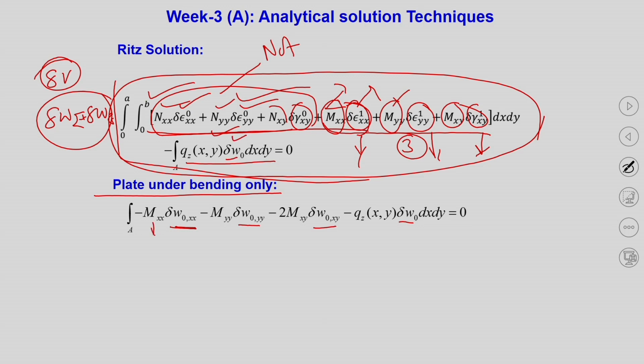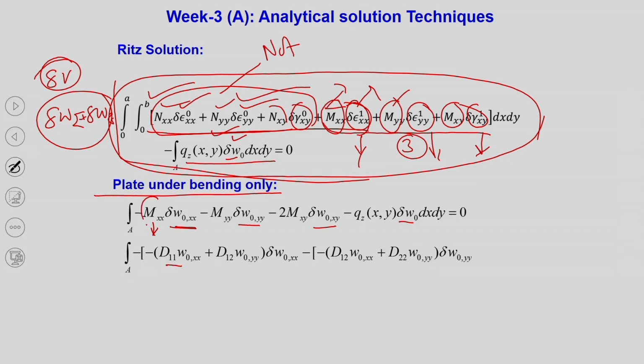The next step, substitute the values: Mx is minus D11 of w comma xx plus D12 of w comma yy. Similarly, My is D12 w comma xx plus D22 w comma yy, and Mxy is twice D66 w comma xy, and this thing. Then minus minus becomes plus.